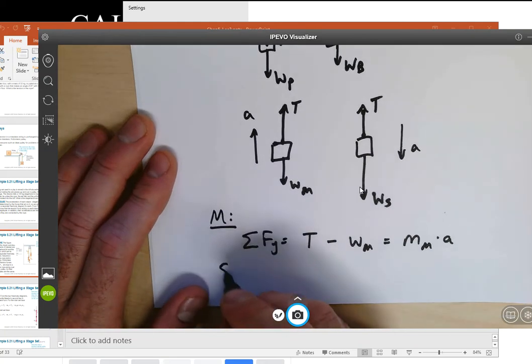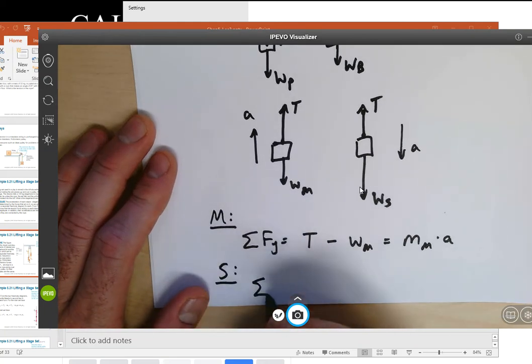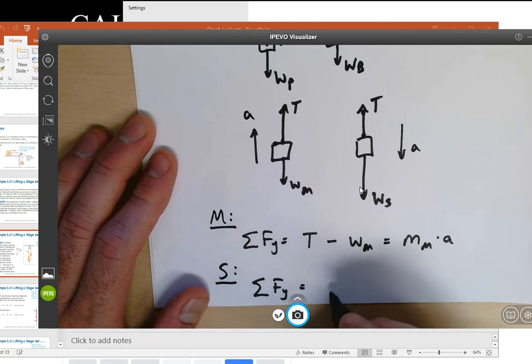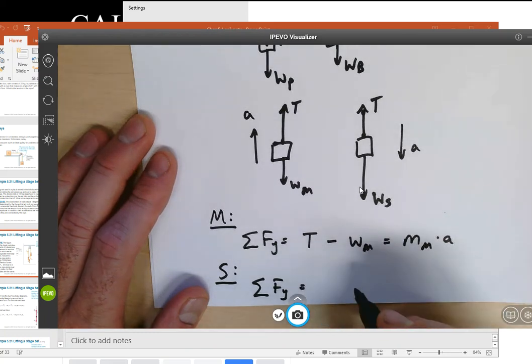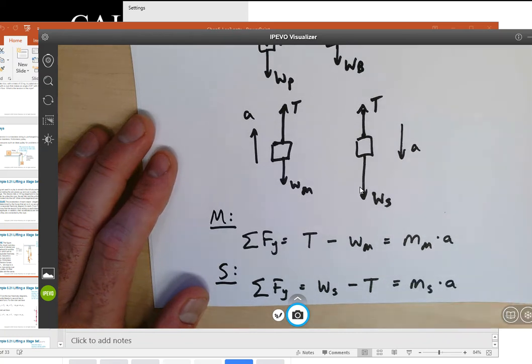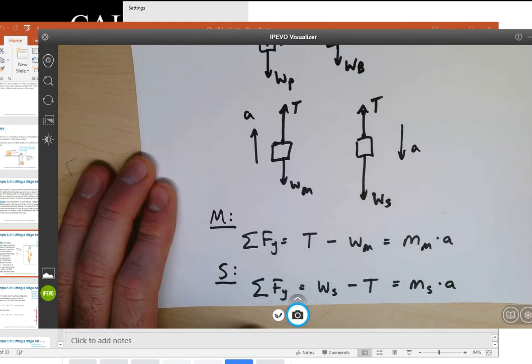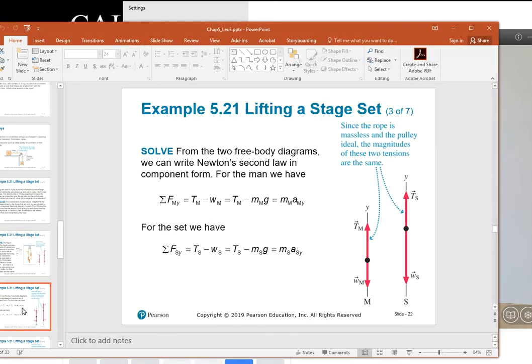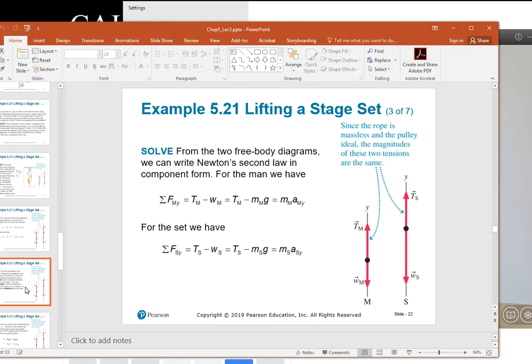If we look at the set, I'll just write that as S, then the sum of the forces in the y direction is equal to, now keep in mind this time down is positive, so we'll say W_S is positive minus the tension, equal to the mass of the set times A. So those are our two equations that we're working with here, and that's what they've shown here.